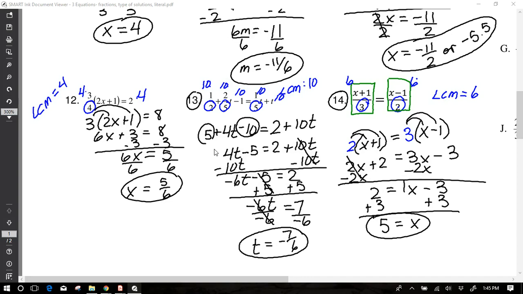All right, I just want to back up for 1 second. At the beginning of 14, I said that we're going to keep doing what we've always done. And when I say that, I mean with fractions in this lesson, finding the least common multiple and multiplying all the terms in the equation by that multiple. So I still did that same method for number 14.